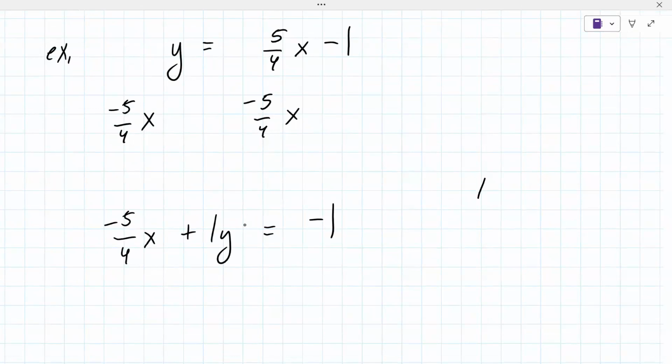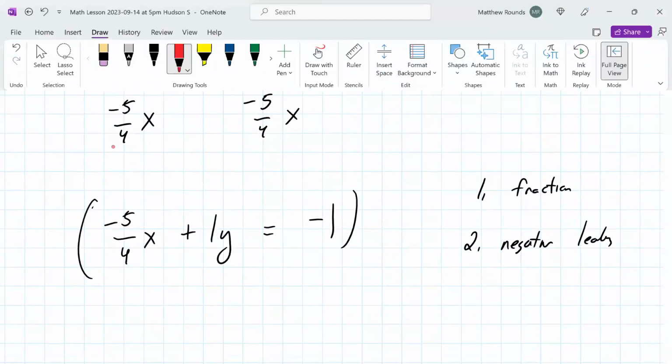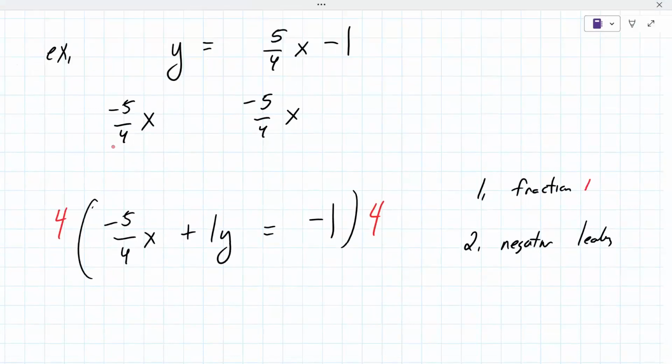So we've got two problems here. The issue is we've got a fraction, which is bad. And the second is a negative leading. See how this one's negative in front? So you can either deal with them one at a time, or you can deal with them both together. What I mean by that is if you multiply everything by 4, that deals with the fraction.